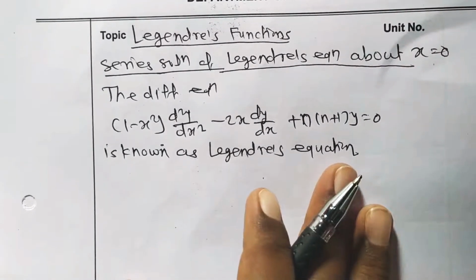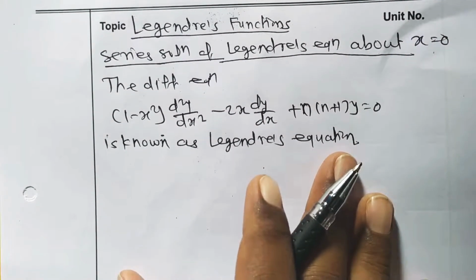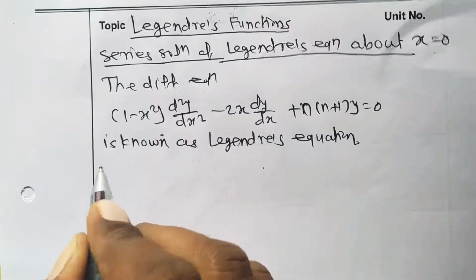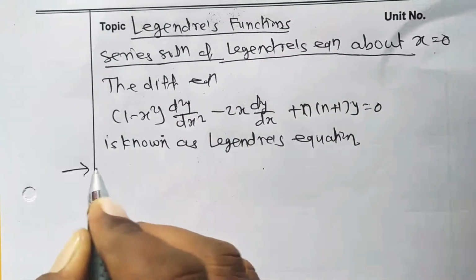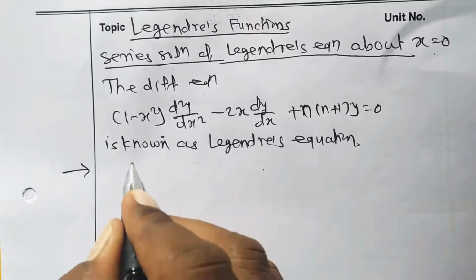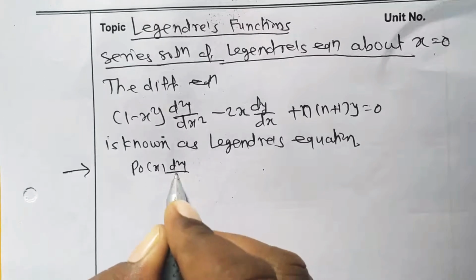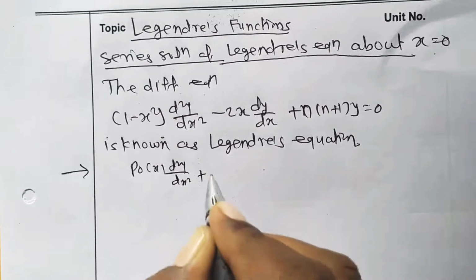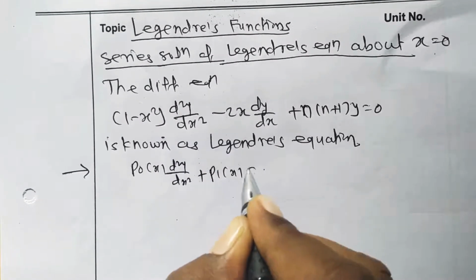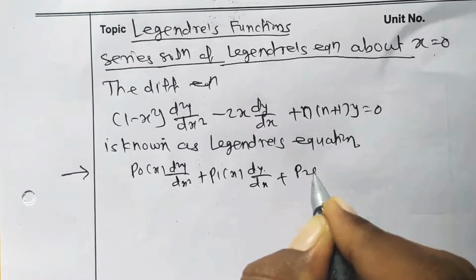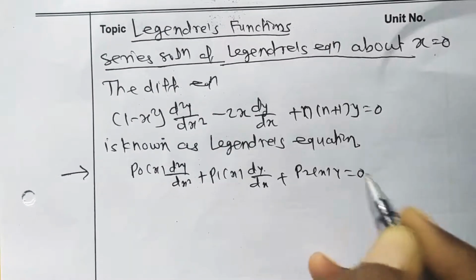Now we have to solve this Legendre's equation using series solution, means power series solution. So how do we find the solution of this Legendre's equation? This equation is of the form p0 of x into d2y by dx square plus p1 of x into dy by dx plus p2 of x into y equal to 0.